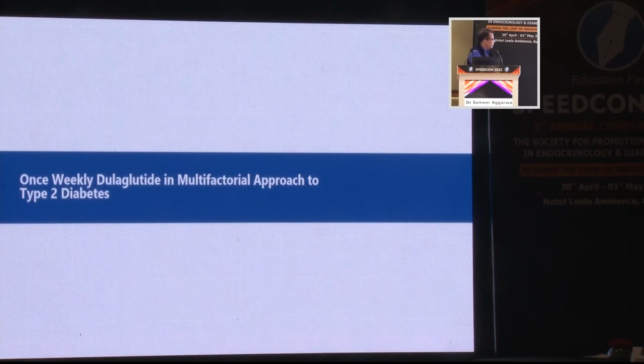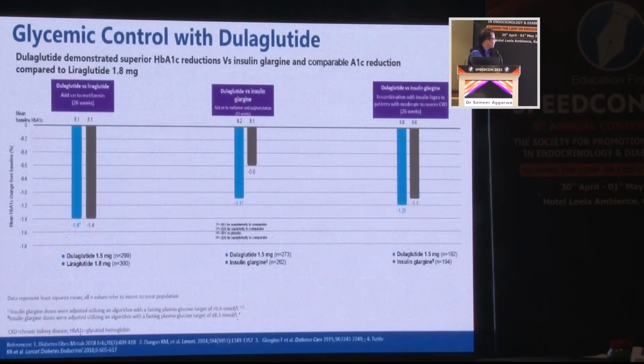So once weekly dulaglutide offers a multifactorial approach in type 2 diabetes management, and these were the AWARD studies which compared dulaglutide head-on versus other available drugs in management of diabetes, whether it was versus glargine or versus liraglutide. This was a very interesting trial where you see HbA1c reduction almost the same with dulaglutide and liraglutide.